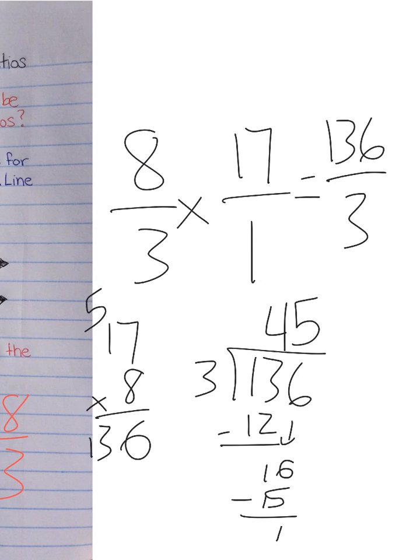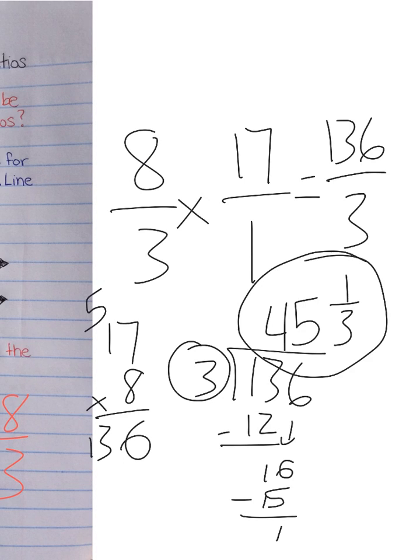So let's take that 1, make it our numerator. Our divisor becomes our denominator. So 45 and 1/3 is our y value, because our constant of 8/3 times our x value of 17 gives us our y value of 45 and 1/3.